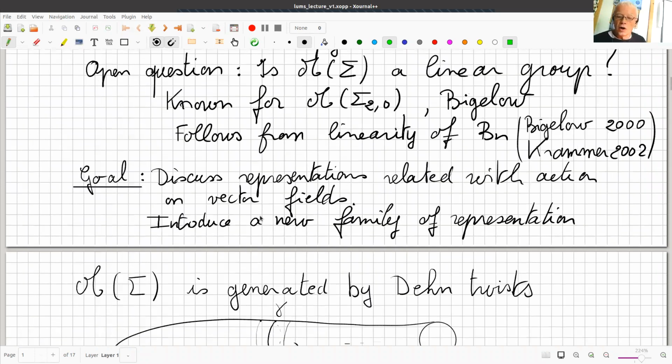So my goal in this talk is to discuss certain representations which are related with the action of non-singular vector fields, and introduce a new family of representations we are working on, we are constructing with Awais Shaukat and Martin Palmer.